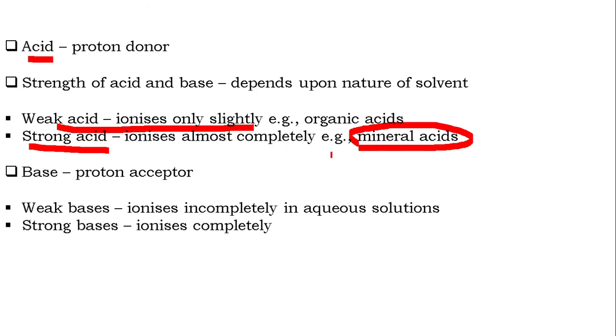All these are the mineral acids and they are said to be strong acids because they ionize almost completely in water. You see, we express this with the background of water because water is the solvent in our studies. So in water, the strong acids ionize almost completely, so it is a strong acid. When the acid ionizes only weakly, it is said to be weak acid in water.